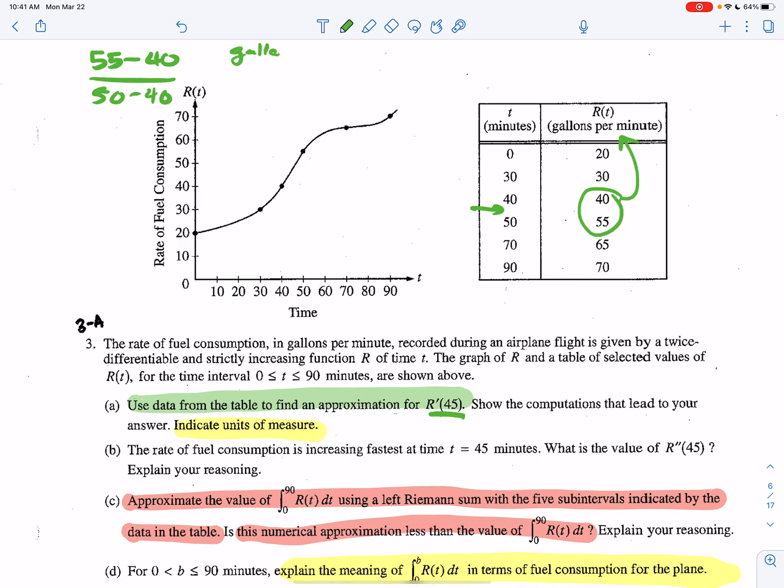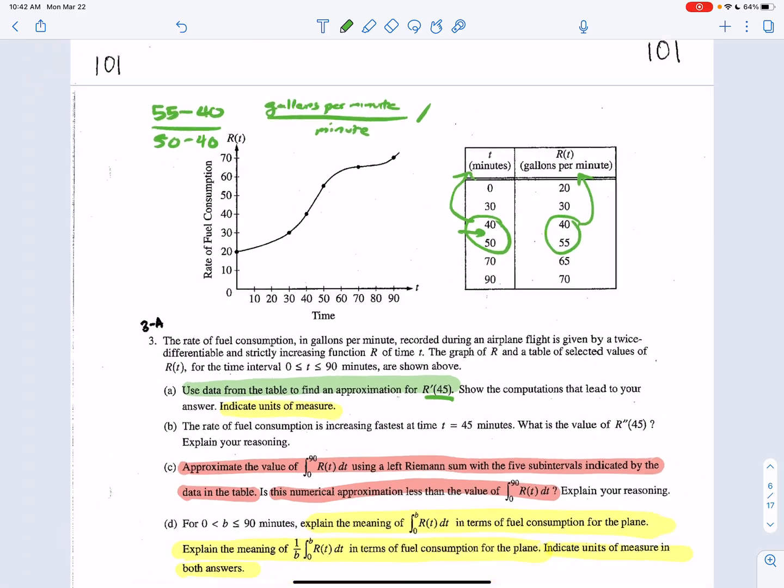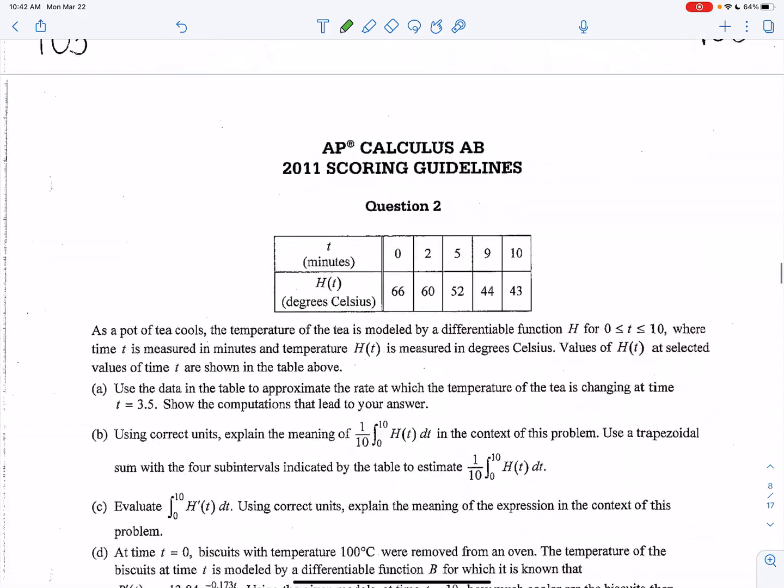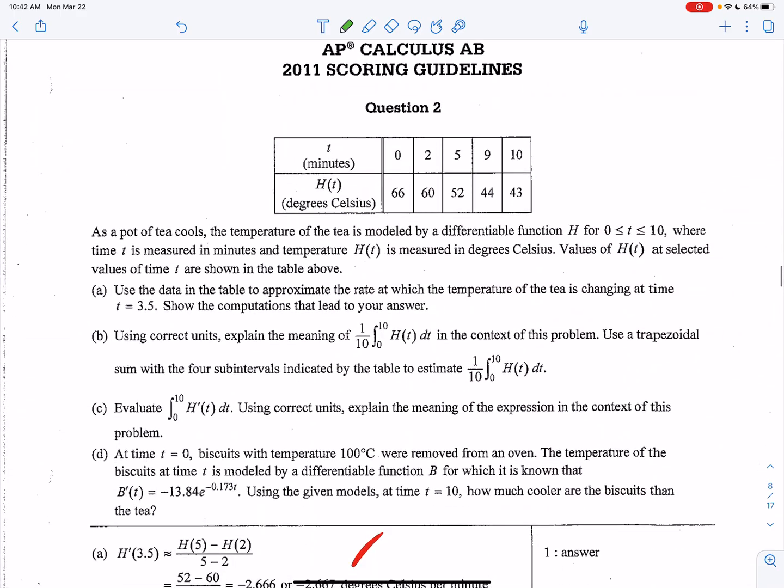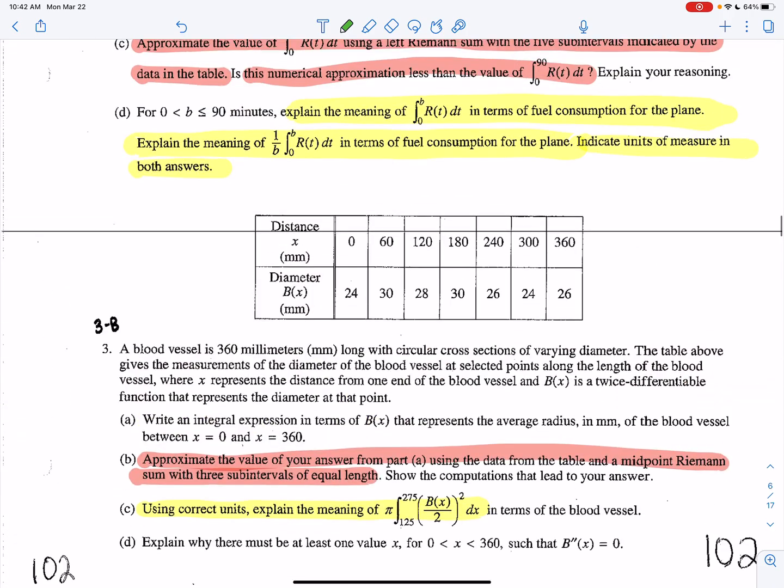So you're going to write gallons per minute. Okay. And 50 minus 40 is measured in minutes, so that's gallons per minute per minute. And that's it. You would get a point there. Sometimes they write gallons per minute squared, which is the same thing. But yeah, you get a point there. Okay?